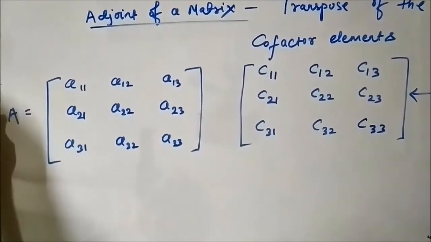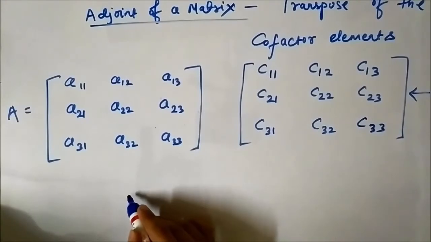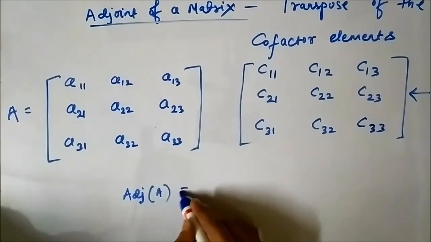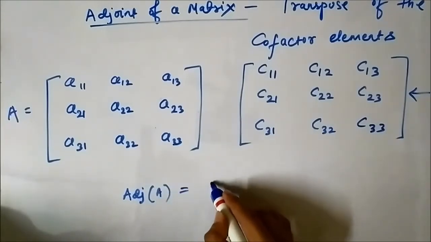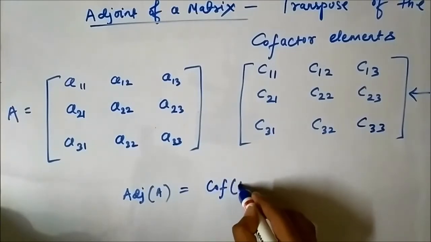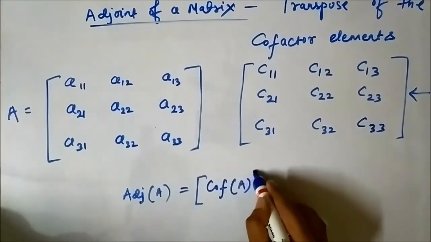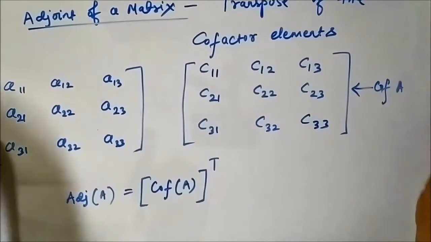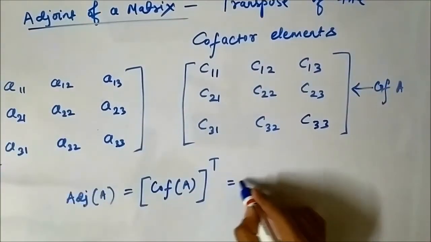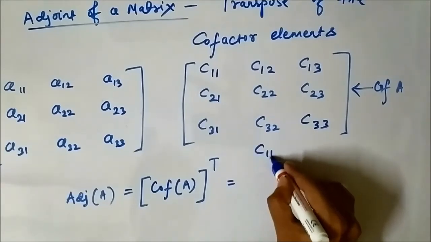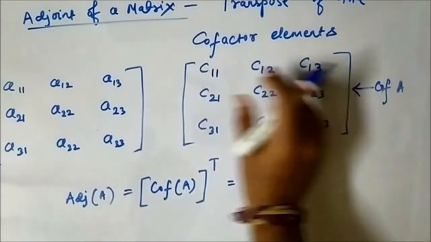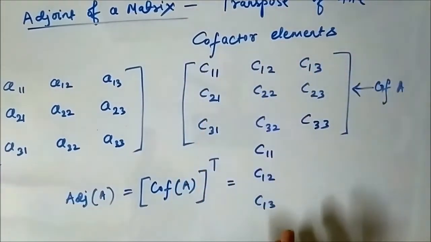Now, the adjoint of A is actually the transpose of the cofactor matrix, which is C11, C12, C13. Transpose means the rows become the columns.